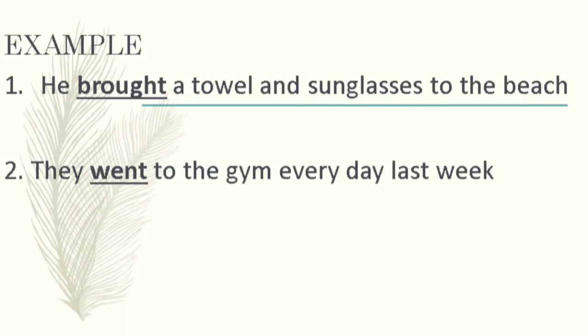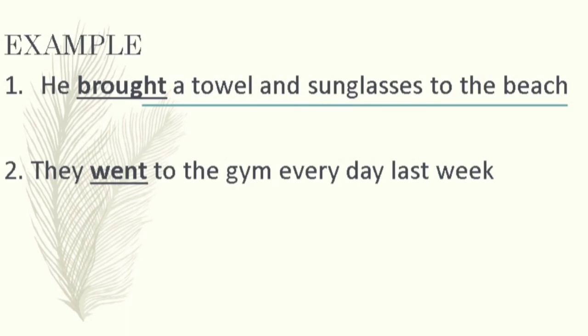Here I want to use the verb bring. However, it's an irregular verb, so I can't use the ed rule for regular verbs. The correct conjugation is brought, okay? He brought a towel and sunglasses to the beach.